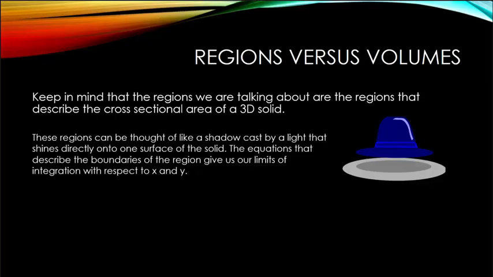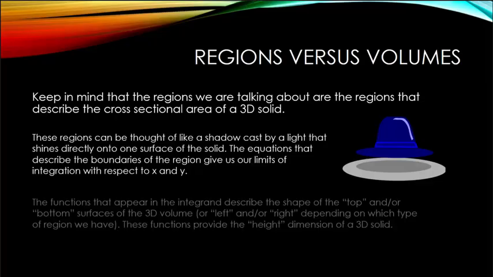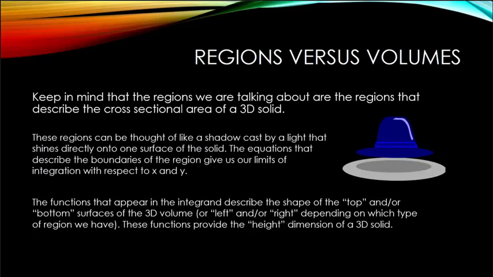The equations that describe the boundaries of the region give us our limits of integration with respect to x and y. The functions that appear in my integrand describe the shape of the top and or bottom surfaces of my solid, or the left and or right surfaces depending on which type of region we have. These functions provide the height dimension of my 3D solid.